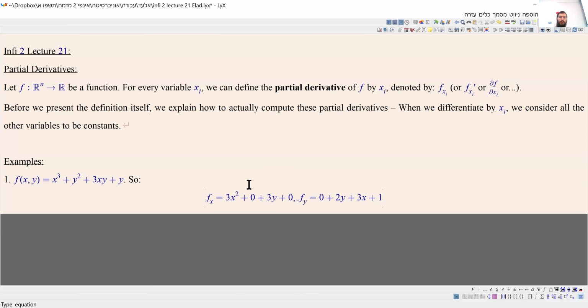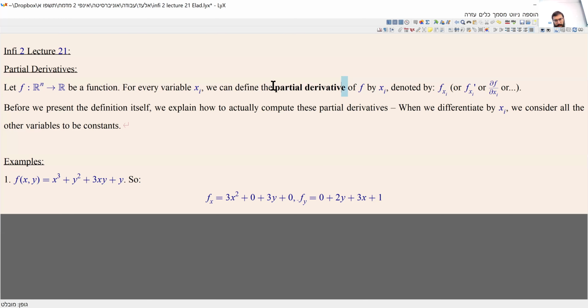And the derivative of y is 1. So we differentiate using our rules from functions of one variable. The derivatives of polynomials and exponentials are all the same, and we consider the other variables to be constant when we differentiate by some variable x_i.